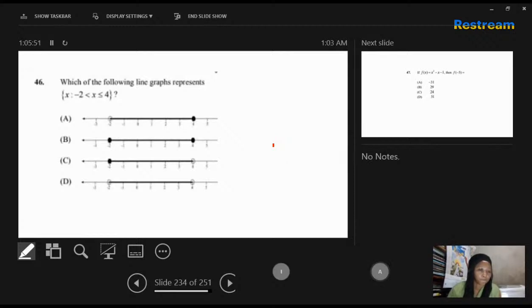Number 46. Which of the following line graphs represents f of x? So read from the middle: x is greater than negative 2 and x is less than or equal to 4.